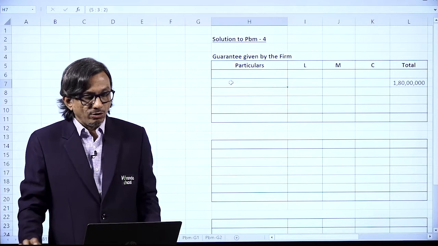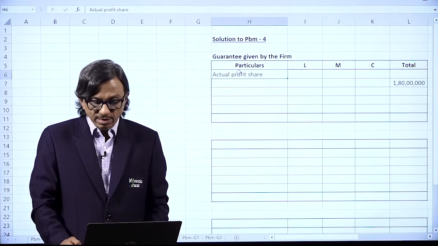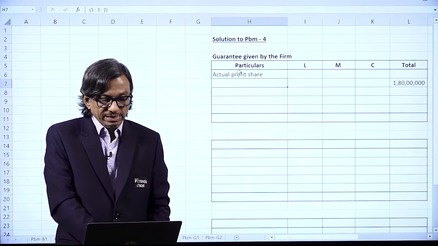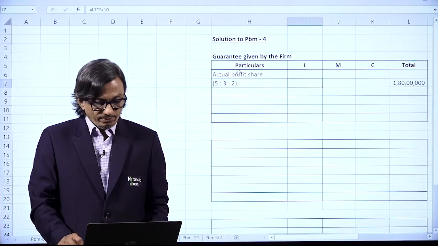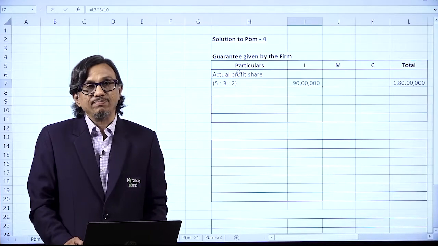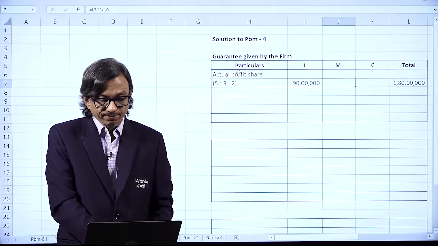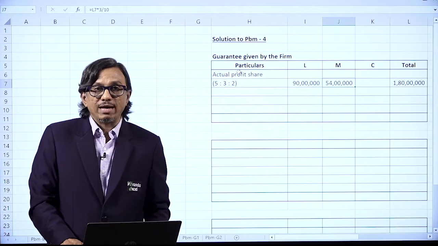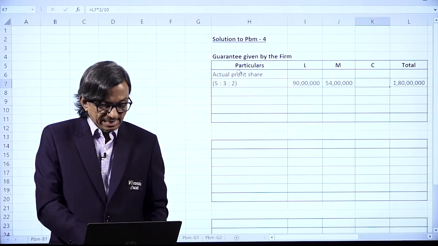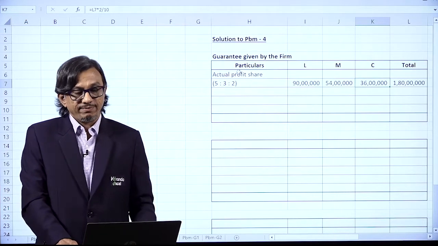So, let us find out the actual profit share of the partners including C in the ratio of 5:3:2. What will be L's share? 90 lakhs, because it is half, 5/10. M's share will be 3/10, that is 54 lakhs, and C's share will be 2/10, that will be 36 lakhs.